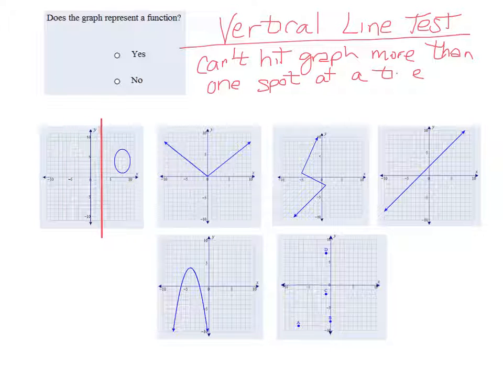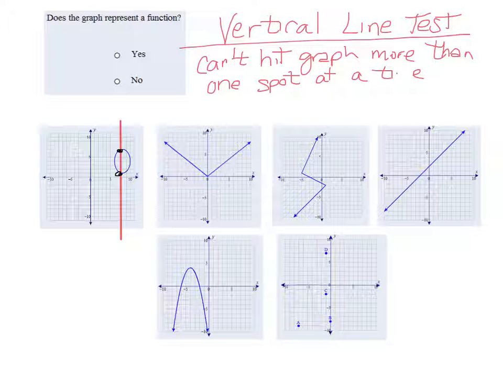As long as it only hits the graph once at a time, I'm good, and it'll be a function. But if it hits more than once, then it's got a point on top of another point, and I know that would mess up my function. So right here, boom, it hit my oval one time. Great, that's fine. But as soon as I keep sliding that across, now it's hitting this graph down here, but it's also hitting up here.